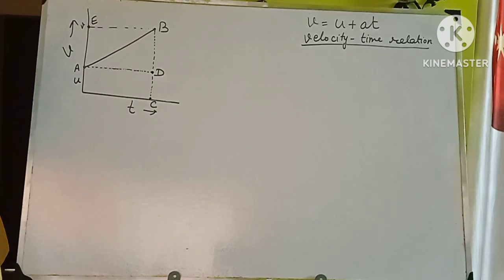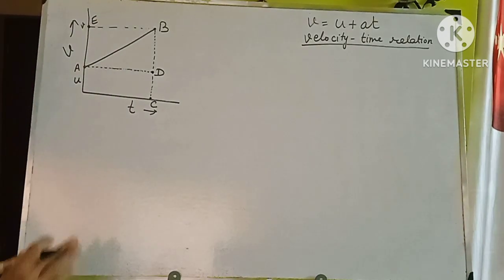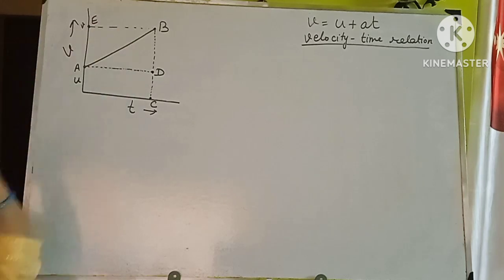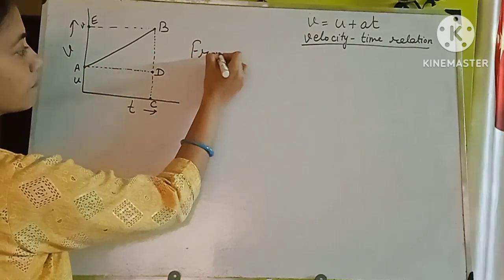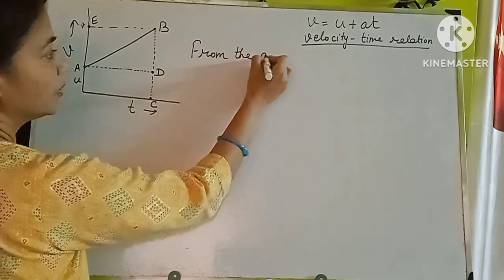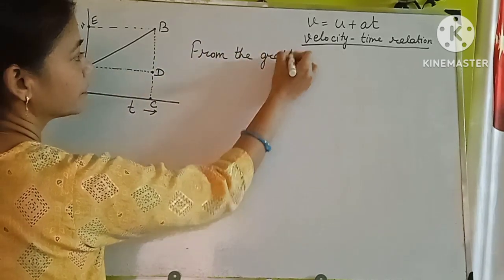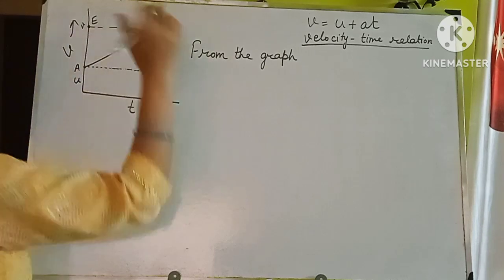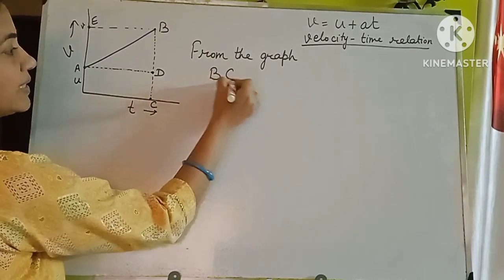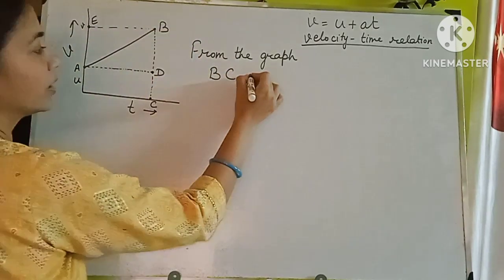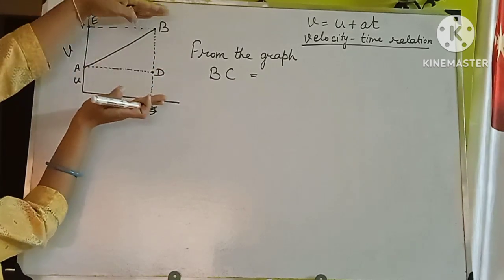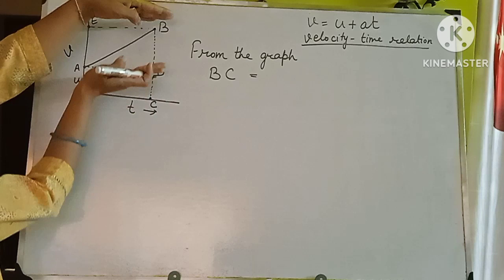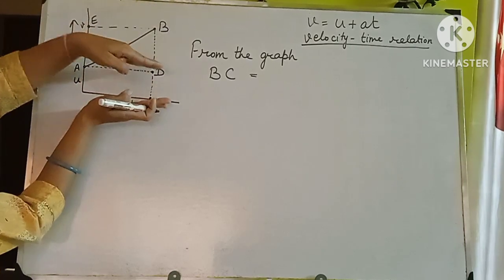Now how to start the derivation? It is very easy. From the graph, you can see that BC is the sum of BD plus DC.